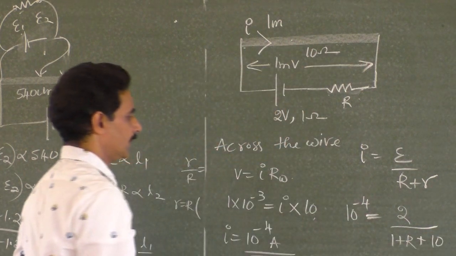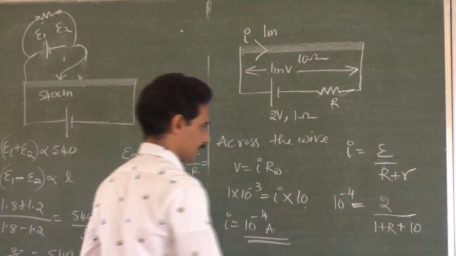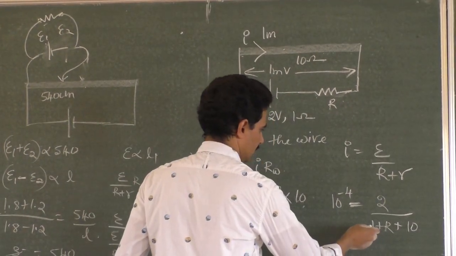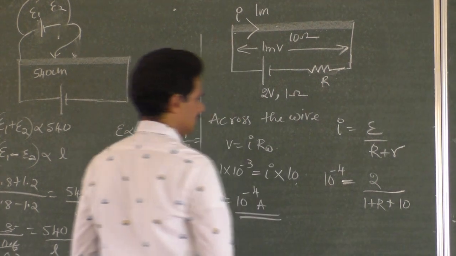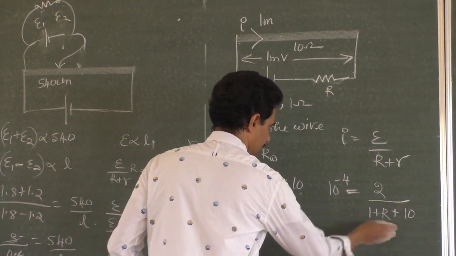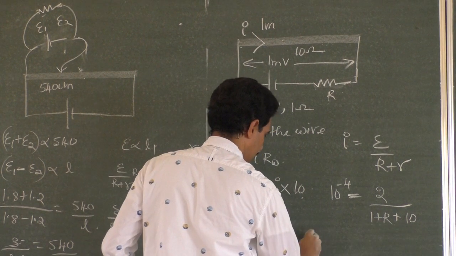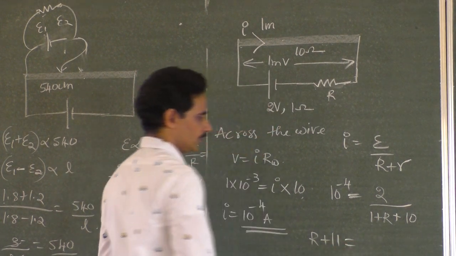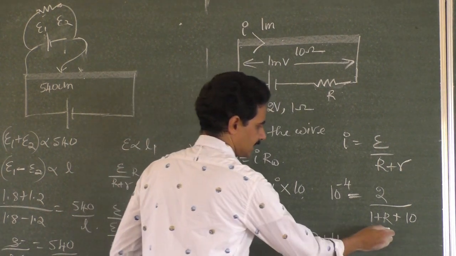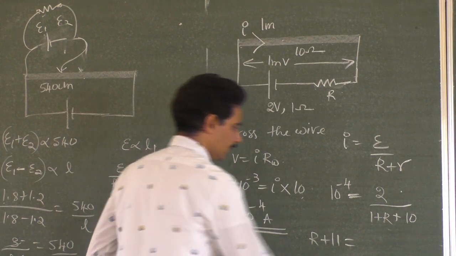Complete: 1 plus R plus 10. So what is the resistance R? What I have to do now? I is equal to E by (R plus r). Then I can bring this here. R plus 11 is equal to 2 divided by 10 to the power minus 4. When it is coming to the numerator, 10 to the power plus 4.